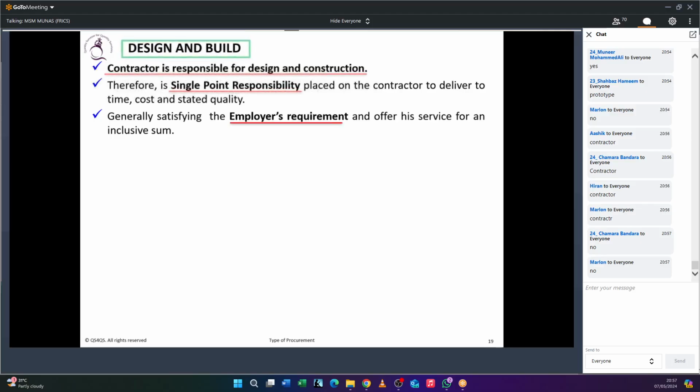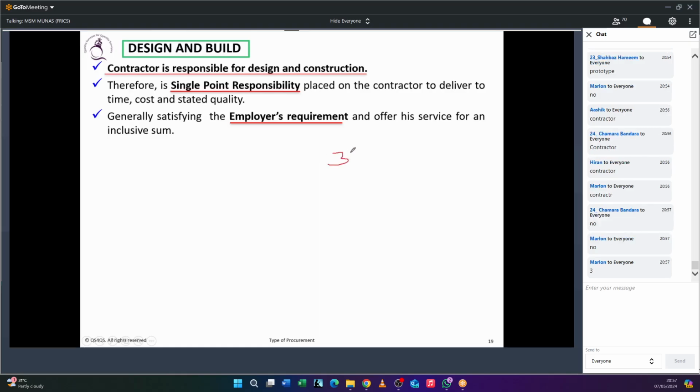But the employer requirement must be very clear, isn't it? Yes or no? The employer requirement must be very clear. Let's say you ask for how many bedrooms? Three, right?